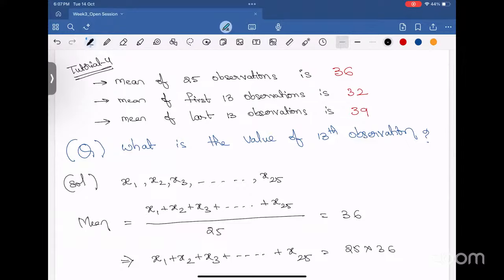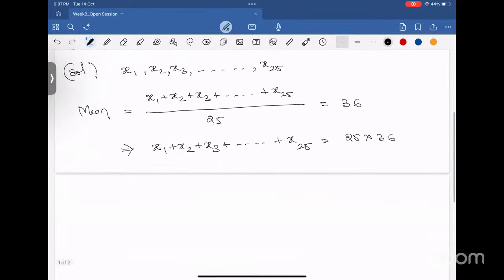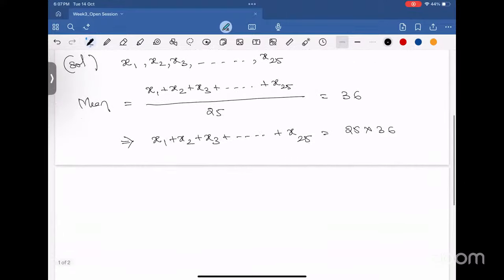The second information is the mean of the first 13 observations. Firstly, we have to identify what the first 13 observations are. They are x1, x2, x3, and so on till x13.